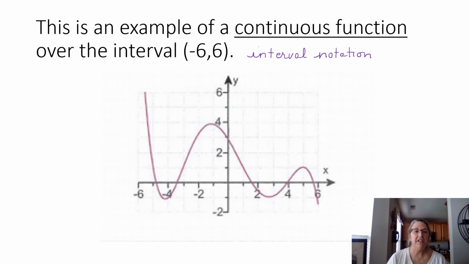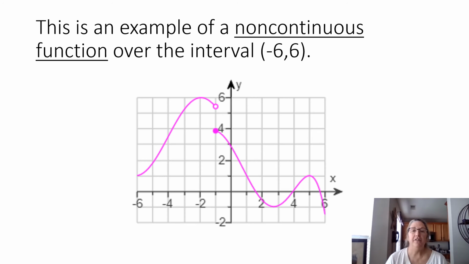So as you can see, this is a very smooth curve. There are no asymptotes, there are no holes. And we can't talk about what's happening outside of the interval from -6 to 6, but between -6 and 6, we can say that it is definitely continuous.